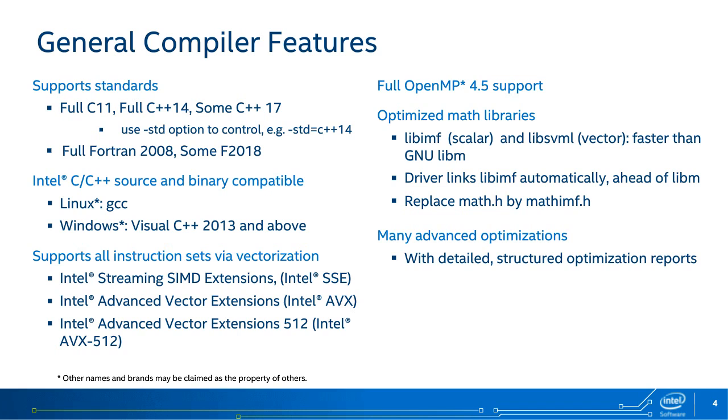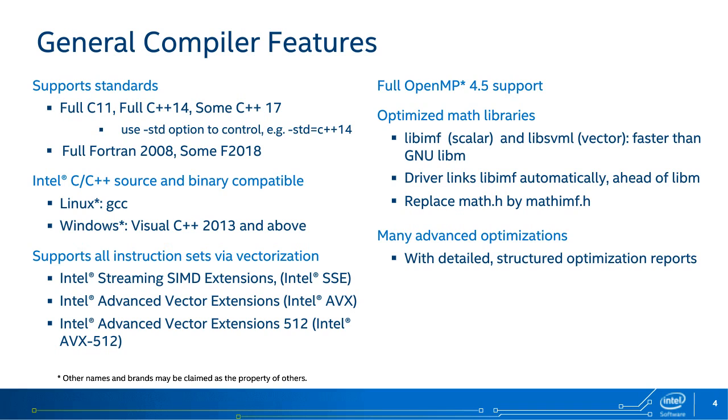In the latest beta version compiler, which is 19.0, the only missing feature from OpenMP 4.5, which is user-defined reductions, is also supported. So now we can state that OpenMP 4.5 is fully supported as well.